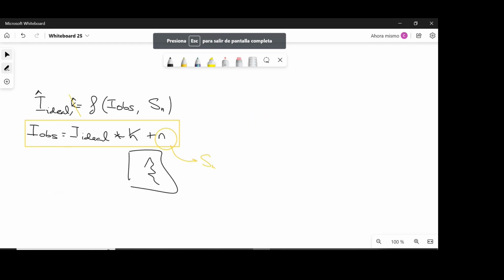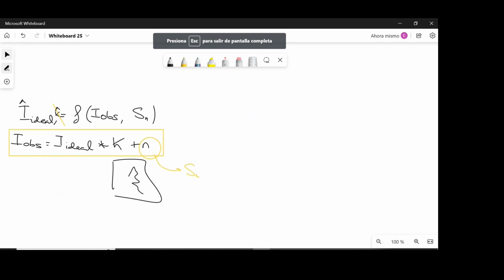If it is uncorrelated noise, you may be familiar with these expressions. Noise that follows the IID Gaussian distribution. So there are many letters there. Do you remember what IID is?